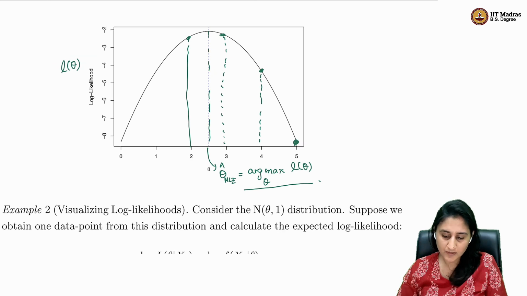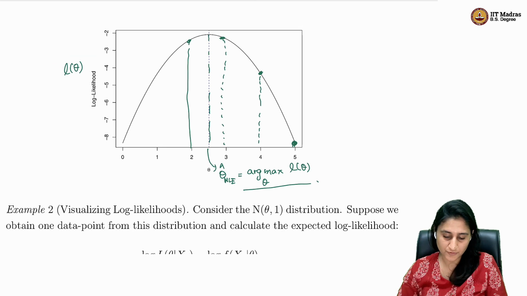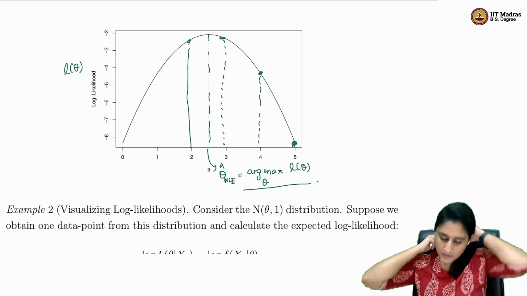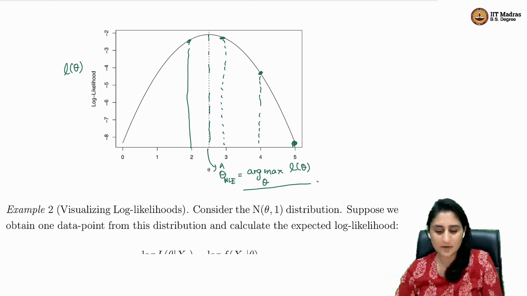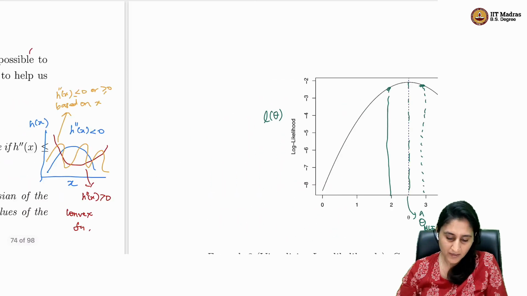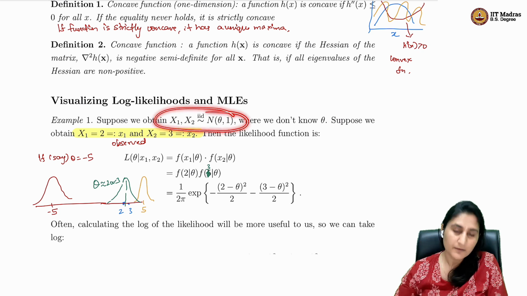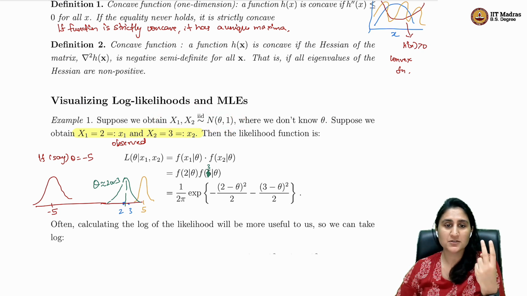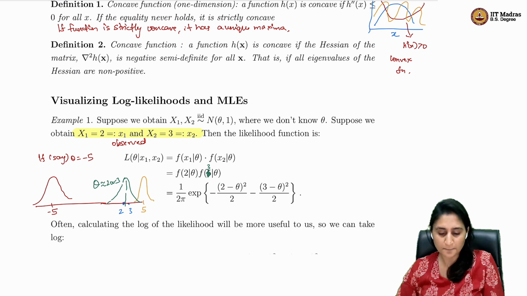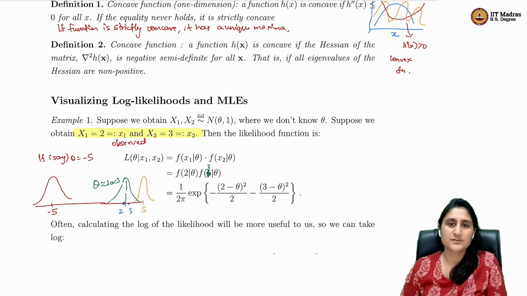Let's do another visualization of what the likelihood function looks like, or what it means. What one has to understand also is these are two random observations, data points that I could have seen from normal theta comma 1. Every time I do this experiment of, let's say, going and getting new data from this population, I'm going to get different observations.